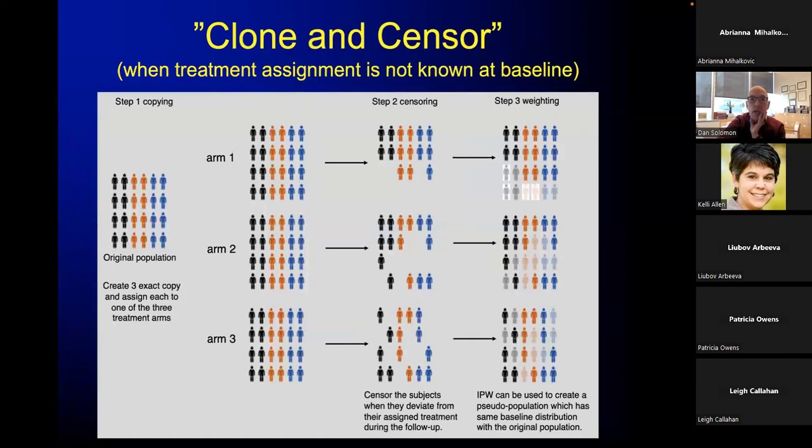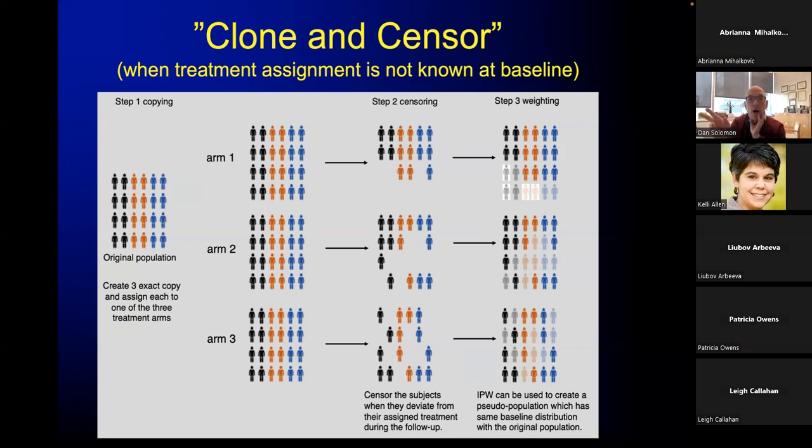Okay, this is the really complicated part of the study. You start with this original population, and at time 0, at the index date, you don't know if they're going to be no delay or this minimal delay, short delay, arm 2, or long delay, arm 3. You don't know that. And so what you do is you clone the population, and you say they could be in arm 1, arm 2, and arm 3.